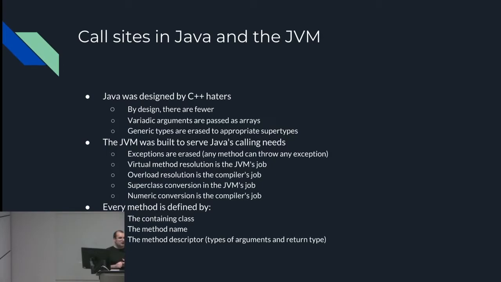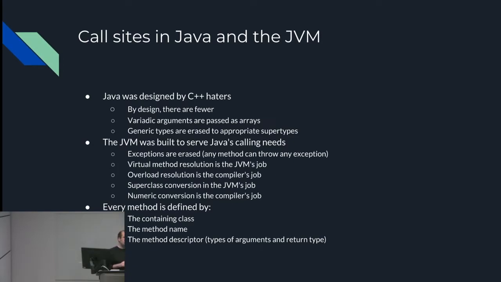Overload resolution is the compiler's job. So if you have two methods that have the same name and different parameters, the compiler has to pick which one it's going to generate, and it writes a different bytecode for those two situations. Figuring out superclass conversion is the JVM's job.